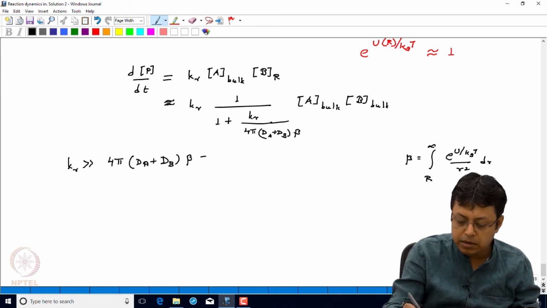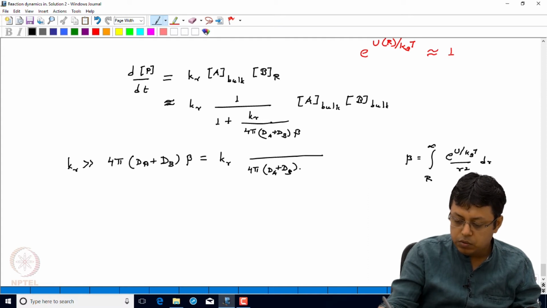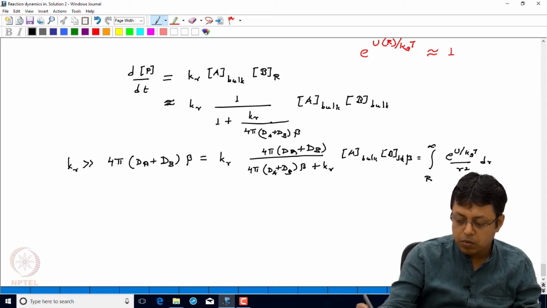What we get from here, I'm just expanding it, is Kr times 4 pi dA plus dB into beta plus Kr, divided by 4 pi dA plus dB. So I am moving dA plus dB into the numerator, and then I have A bulk into B bulk.